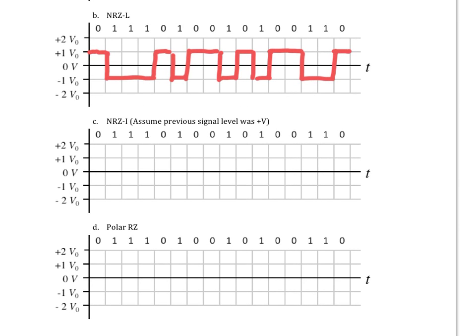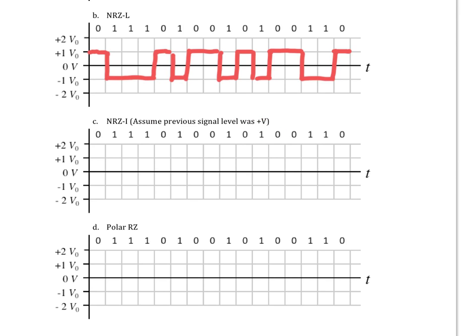NRZI is the trickiest of them all. A 0 gives no transition at the start of the bit period, and a 1 gives a transition at the start of the bit period. And because the zeros and ones only determine the transition, we need to be given the previous voltage level.